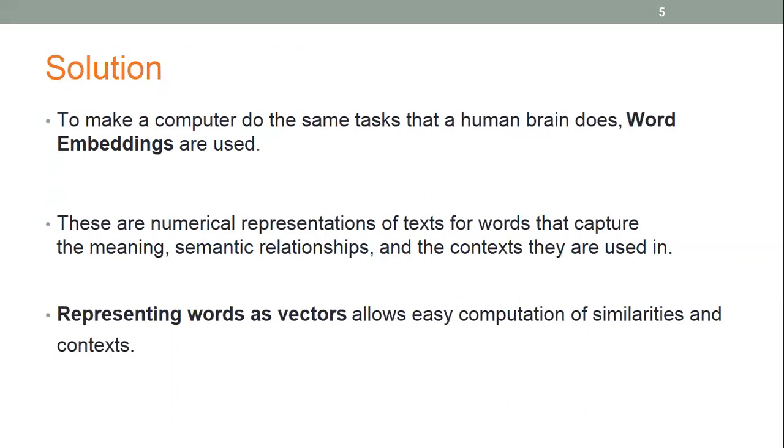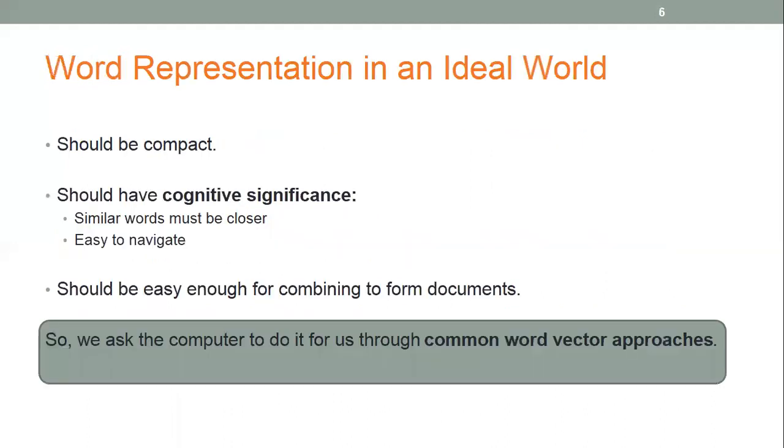We can perform computations on top of these representations, and then figure out relationships between the words or the context where the word is being used. This representation makes the computation very easy, and that is why we want to find a way of representing those words. And what is an ideal representation is the next question.